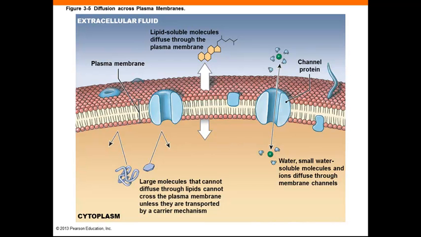But first we have this figure that shows you the idea that the path a substance takes in crossing the plasma membrane depends on that substance's size and whether or not it's soluble in lipids. Now remember, like dissolves like. Okay, and I told you that lipids are nonpolar and they're hydrophobic.